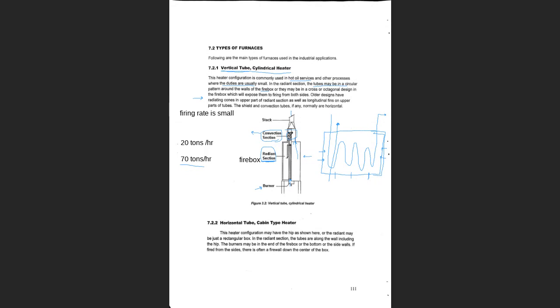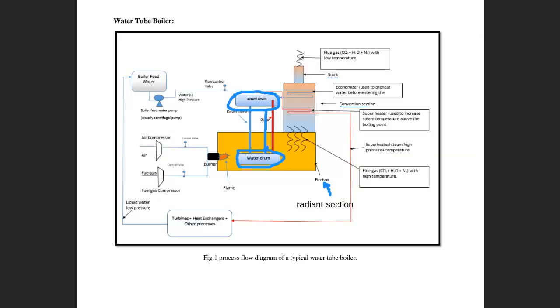So if you remember, let's go back again to the boiler, and you can see me right now going back and forth between the two documents. Here, guys, if you have a look at this, and you can read it in the convection section, you can see that we have the tubes or the coils in blue and red color.